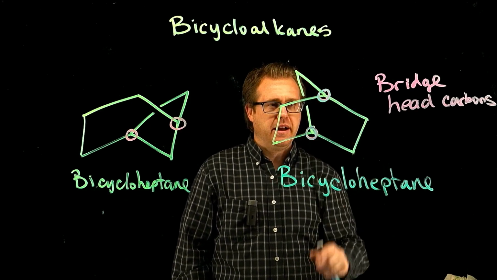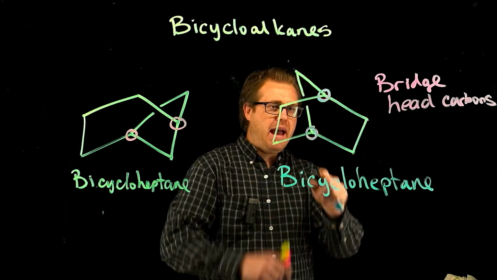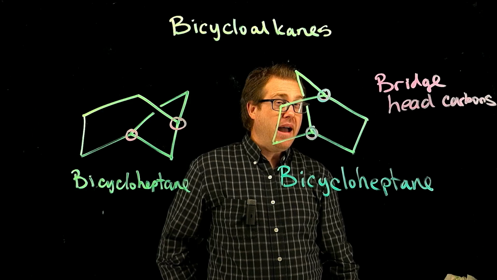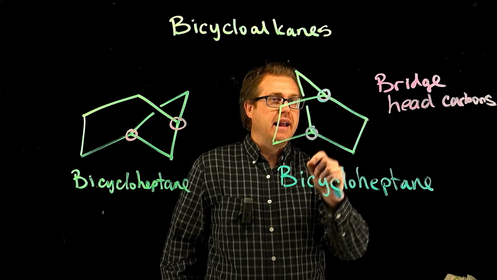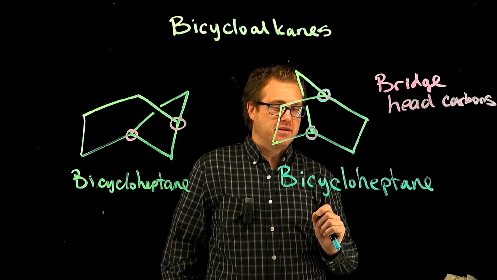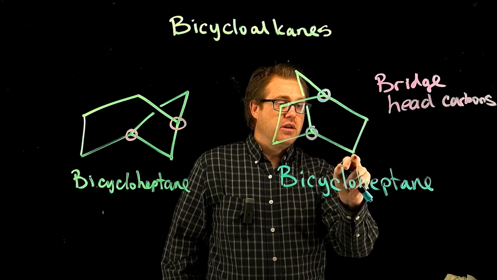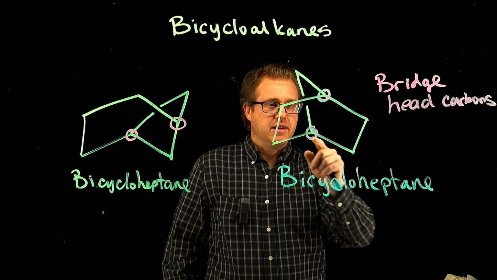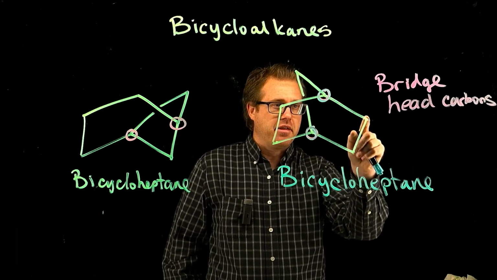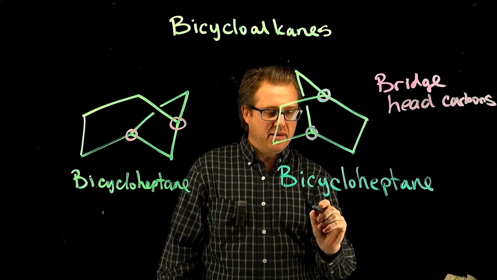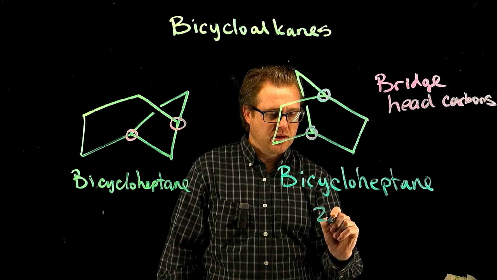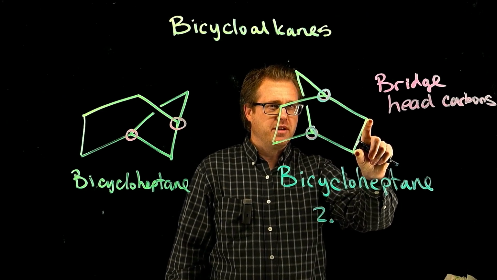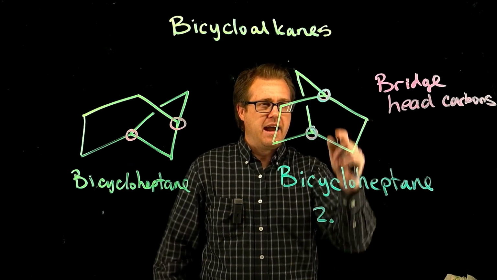Now within that path that's connecting the 2 bridge carbons, we count how many carbons there are in between those 2 bridge carbons. So we count 1, 2. There's 2 carbons in between in this path. So I make a mental note that there's 2 carbons in that longest path.